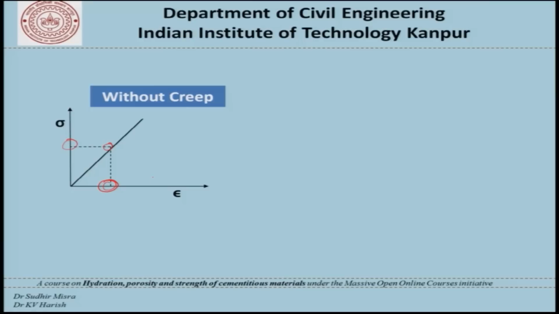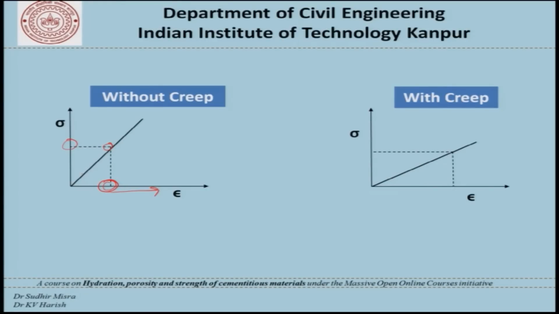So that strain is somewhat higher than this level. Effectively what we are saying is that slope of this line, whatever that is, if we somehow reduce this slope, so this value here would be closer to the total strain that we get if we consider the creep of that material in the deformation.